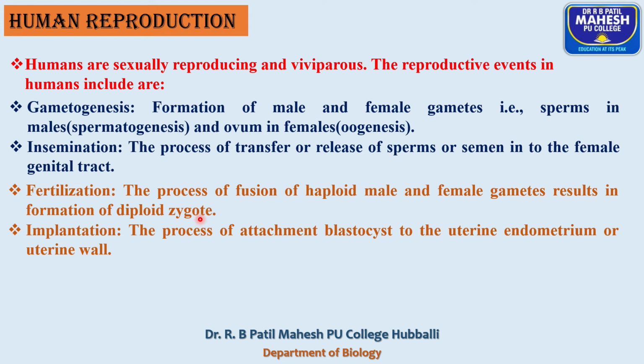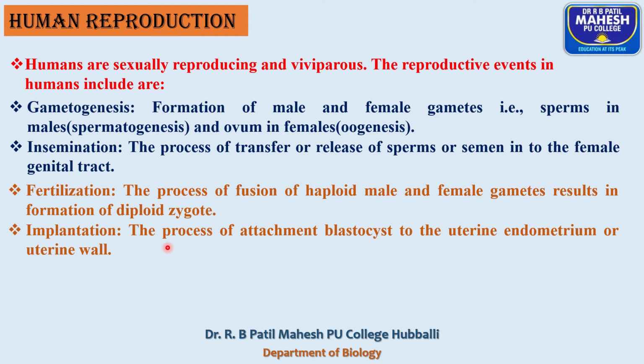So, in order to get energy and nutrients for growth and development, the embryo immediately gets attached to the maternal tissue or the mother's uterine wall, and that process is called implantation.